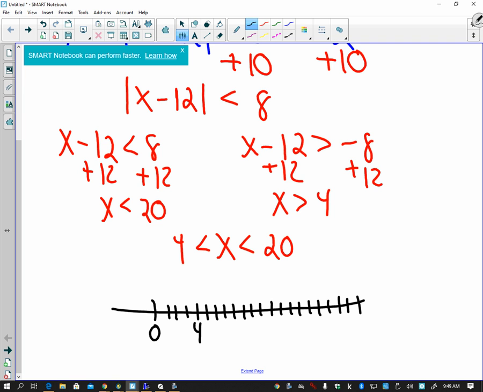Okay, so I'm going to have an open circle here because it's not equal to. Open circle here. And because x fits between those things, I have a solid line. If I need to, I can make it a different color just so you can see it. Okay, I should have something like that. Does that work? Okay.